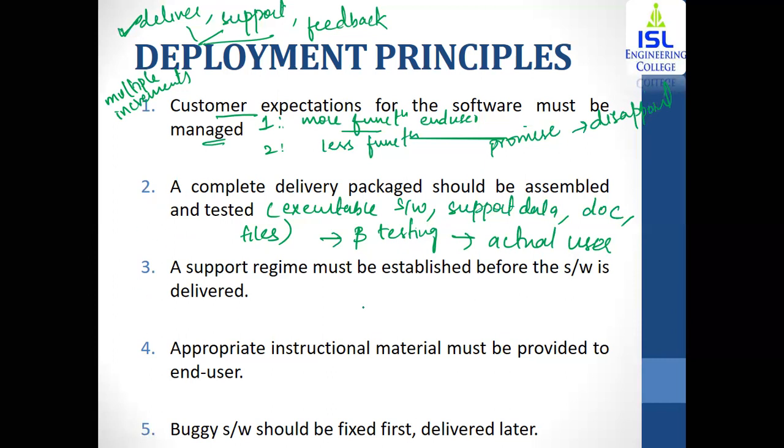The third one is a support regime must be established before the software is delivered. A support regime means that whenever an error occurs within the software, the user expects that you are going to respond immediately and with accurate information. They are expecting the correct information.